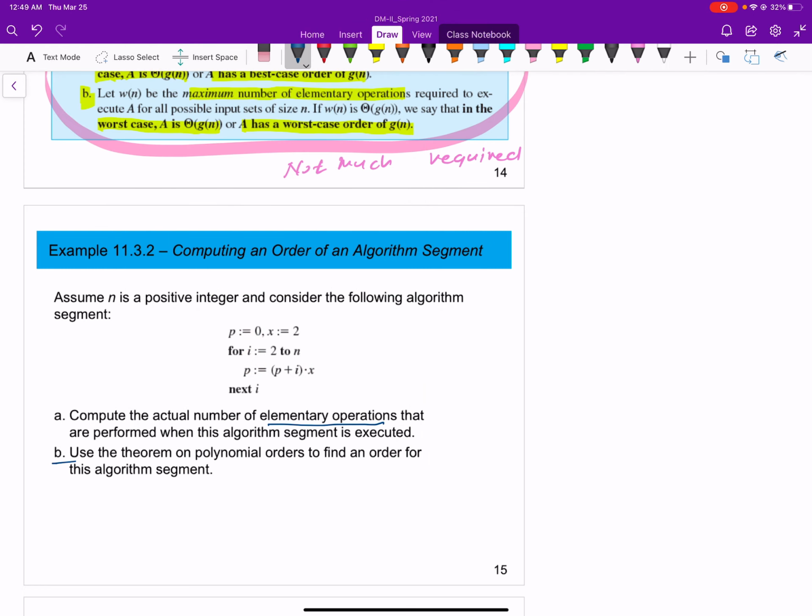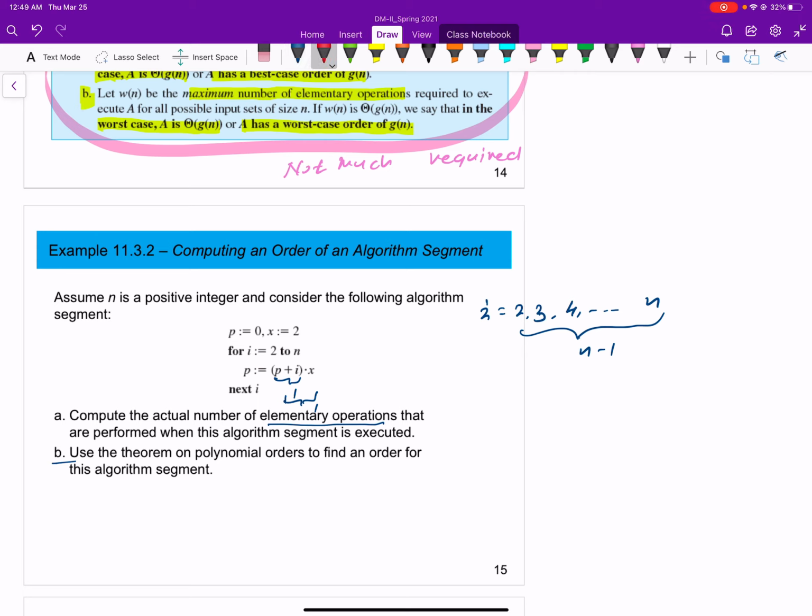So in this problem, i goes from 2, 3, 4, and so on up to n. So how many indexes are here? There are n minus 1 indexes here. Okay, it is not starting from 1, it's starting from 2. So there are n minus 1 indexes. For each index, you have to sum up two numbers and then multiply this with that.